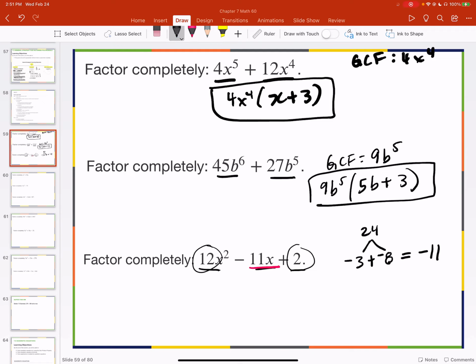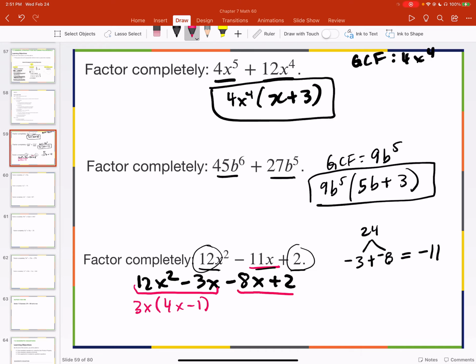That's going to be 12x squared minus 3x minus 8x plus 2. And now we do factor by grouping. For the first two, the GCF is 3x. That leaves 4x minus 1. For the second 2 terms, let's factor out a negative 2. And that leaves us with 4x minus 1. Great, these are in common. So then it's 4x minus 1, 3x minus 2.